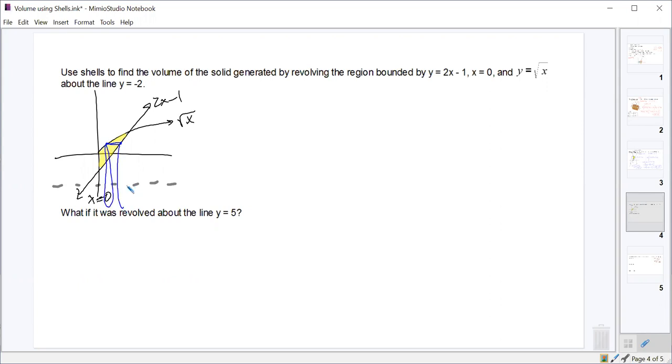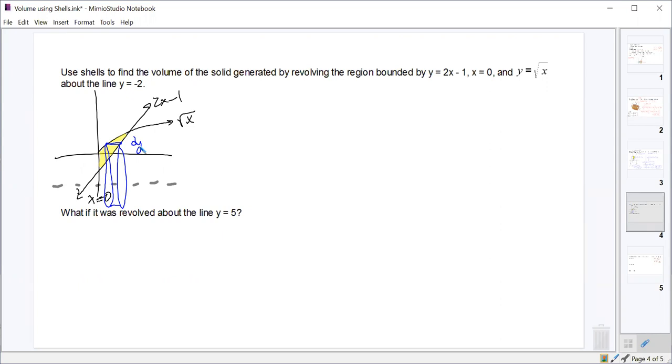Now, this causes a little bit of an issue, because when we do this, we do it in terms of y, which means when we're doing things in terms of y, we have to look at the function that is to the right of the other function, right? And we have to see what functions bound the right and the left-hand sides of our region.